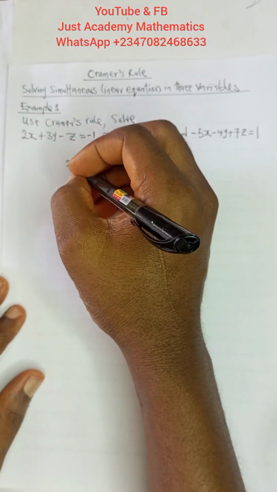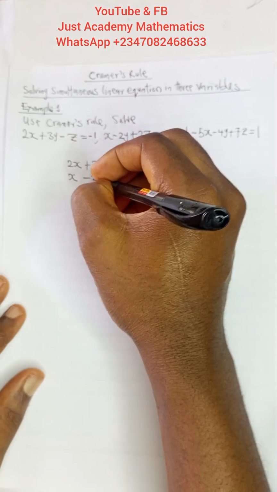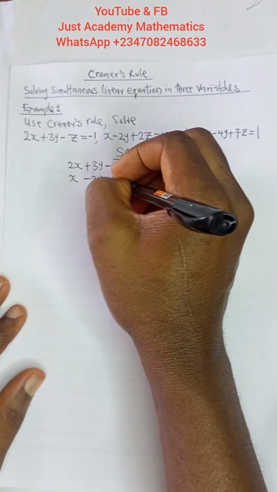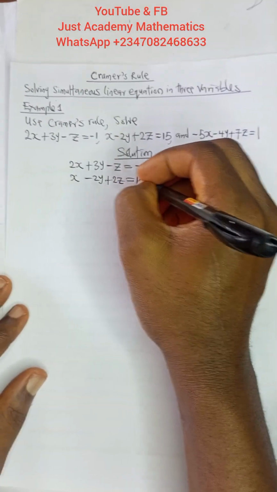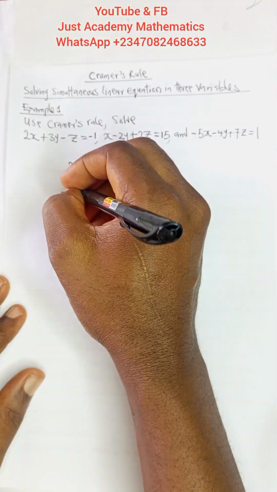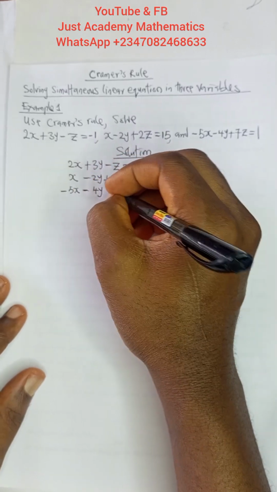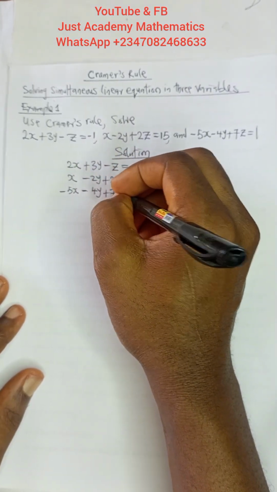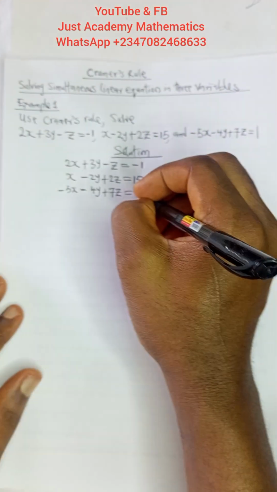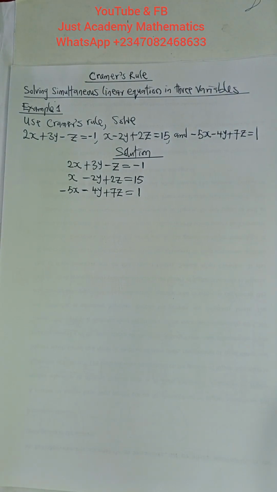And equation 2 says that x minus 2y plus 2z is equals to 15. And the third one is minus 5x minus 4y plus 7z is equals to 1.